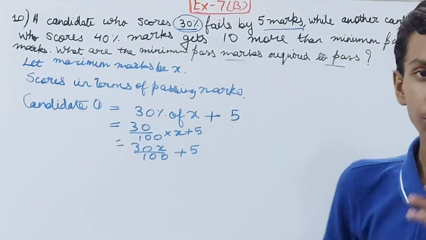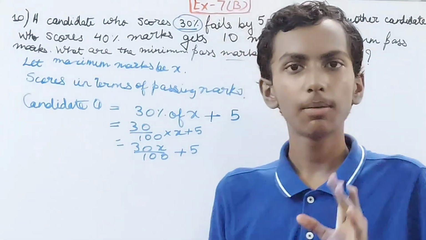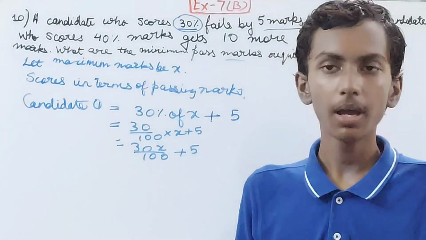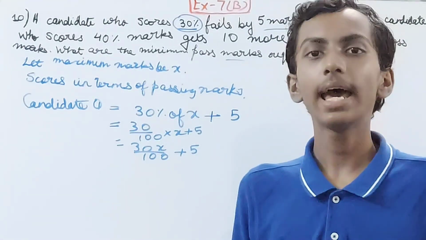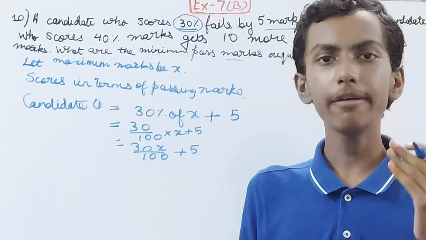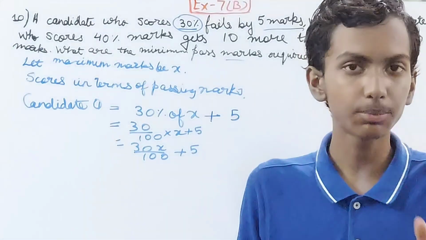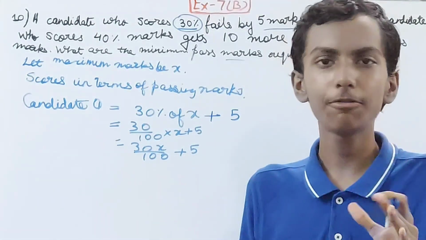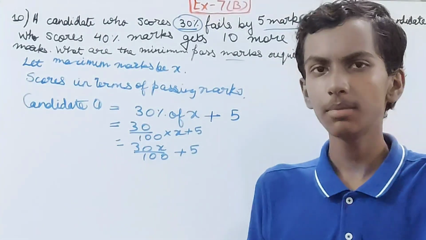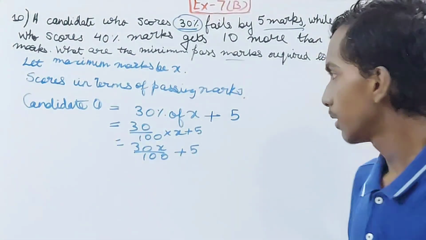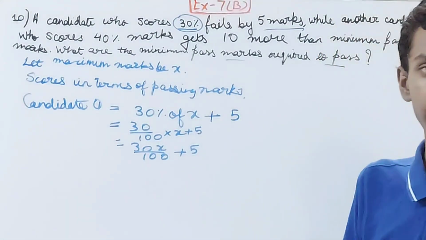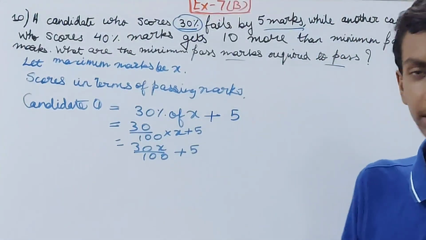So he has scored 30X by 100, that is confirmed, but we have to write this as passing marks. So if he was to pass by minimum marks, he failed by 5 marks, just add them, he will pass by 5. So we have written plus 5. This is representing the passing marks.